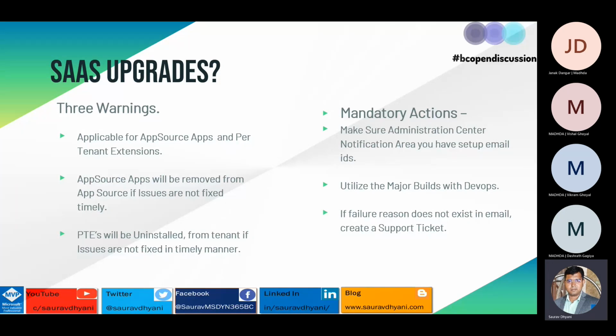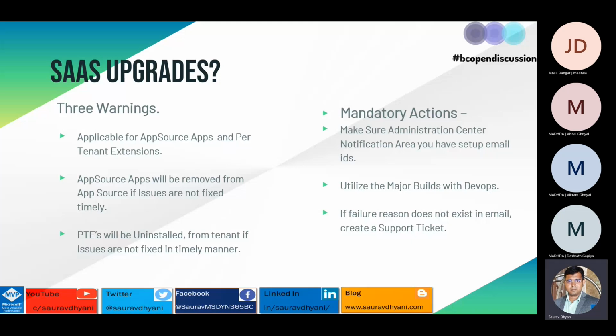And that becomes important because there are only three warnings that are generated by Microsoft in three different instances, where if as a partner or as a customer, you haven't paid attention to those three warnings, your customer may lose the functionality that you have developed for them, and not just one piece of it, the whole extension, all the functionality in that extension will not be available for your customers.